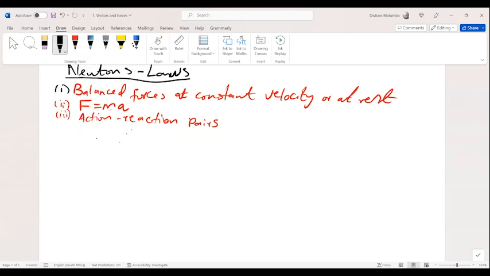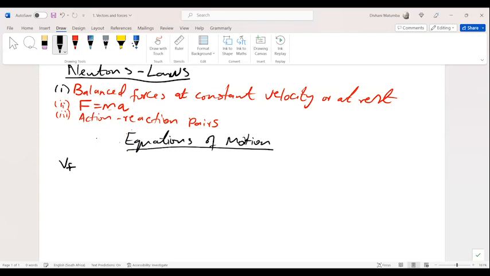Sorry. We have equations of motion. I think there's an R right there, but no problem.